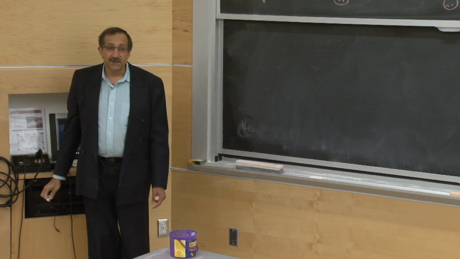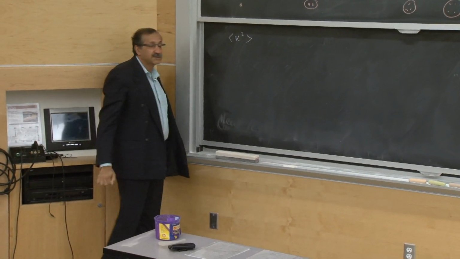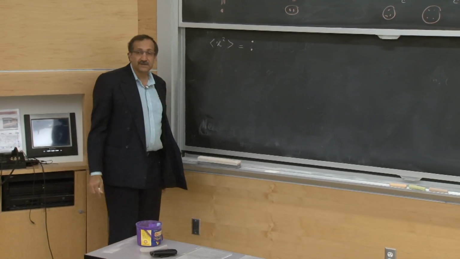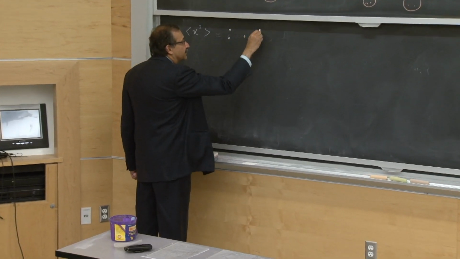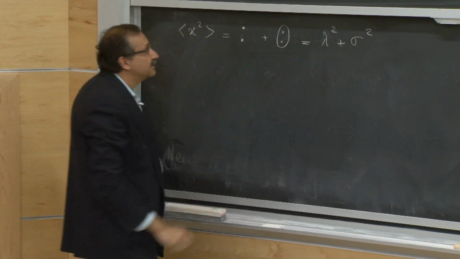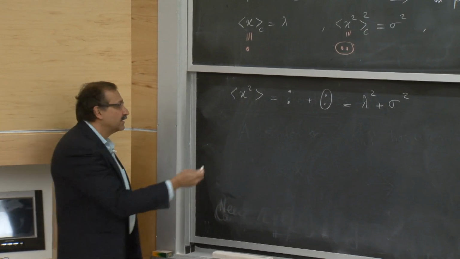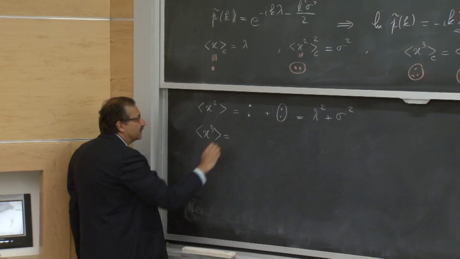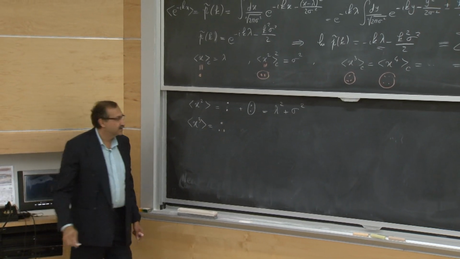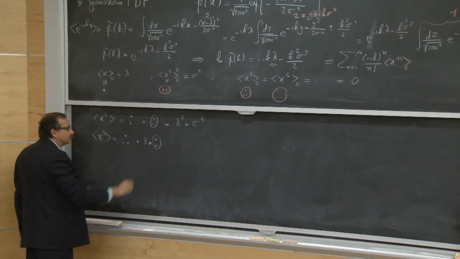Now, the interesting thing was that we could express the various moments graphically, so that, for example, the second moment is either this or this, which graphically is the same thing as lambda squared plus sigma squared, because this is indicated by sigma squared. Now, x cubed, you would say, is either 3 things by themselves, or put 2 of them together and then 1 separate, and this I could do in 3 different ways.